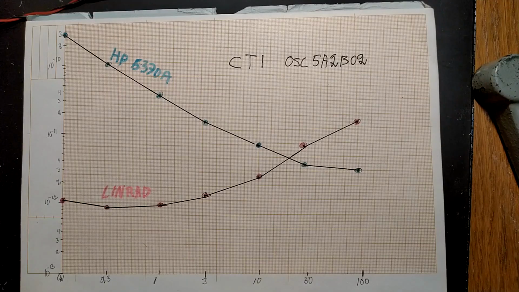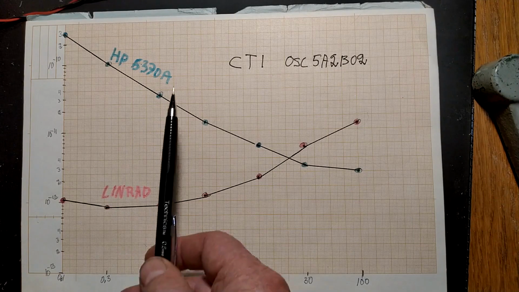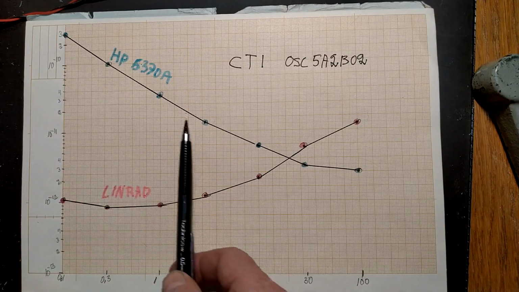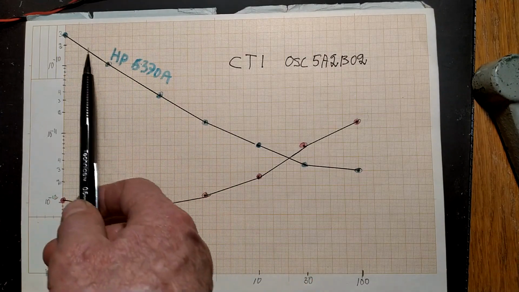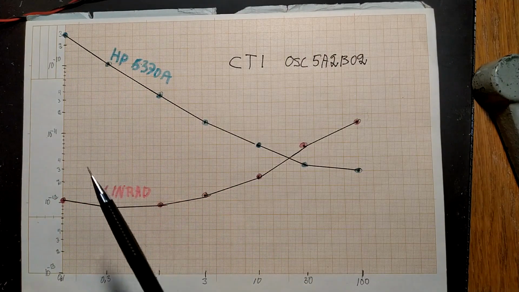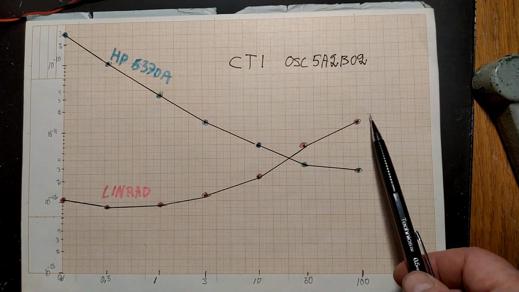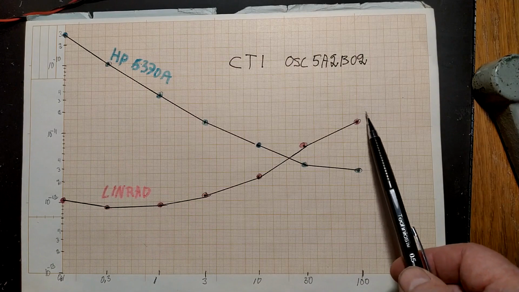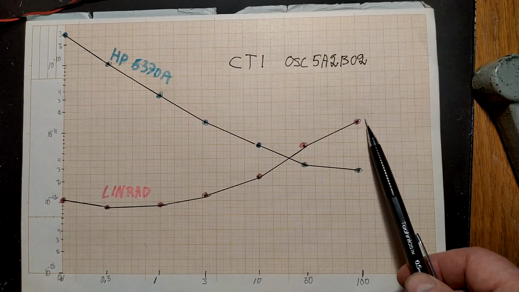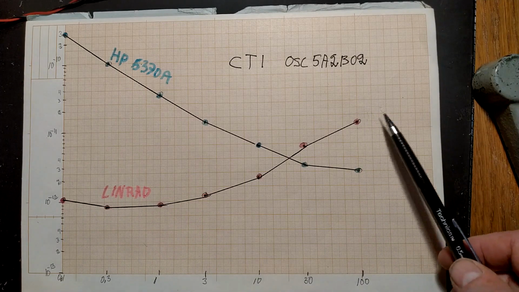When I compare Allan deviation as measured with Linrad and with the Hewlett-Packard time interval meter, this is what I see. I know that the region here has to be wrong. It's the noise of the instrument. And I also know that this region is wrong because Linrad, the local oscillators, are too noisy to measure at 100 seconds.